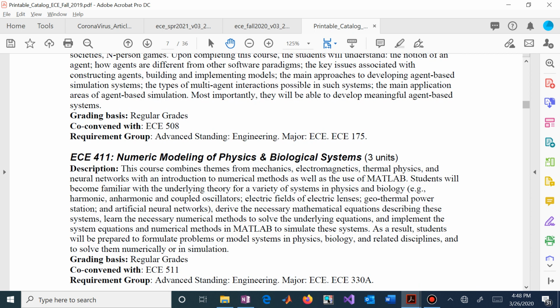It talks about how it might be co-convened with another class and what some prerequisite classes are that you need to take. And here you can see that they're going to be talking about some fundamental systems associated with physics and biology, be that harmonic and coupled oscillators, electric fields with respect to electric lenses, etc.